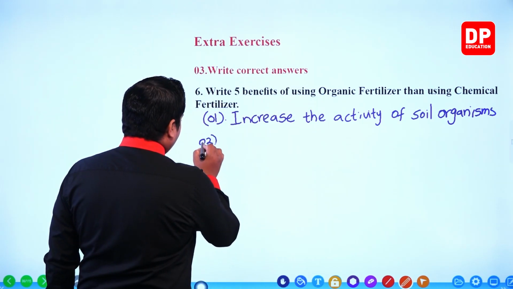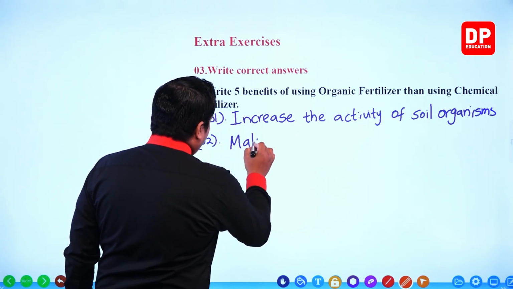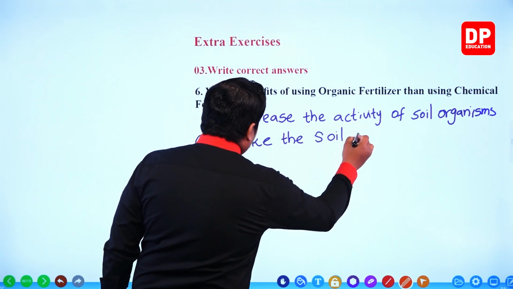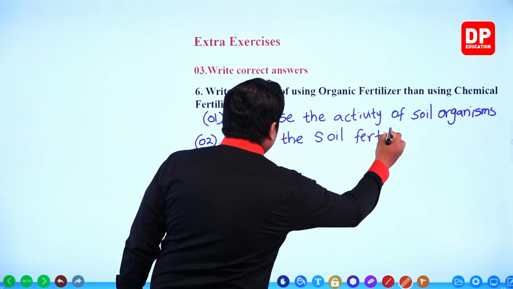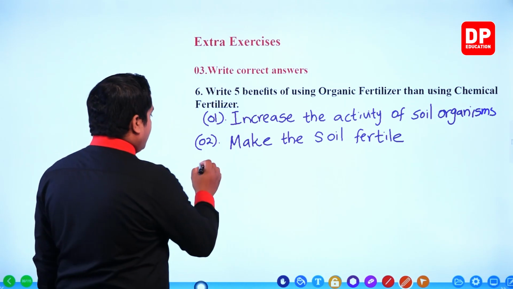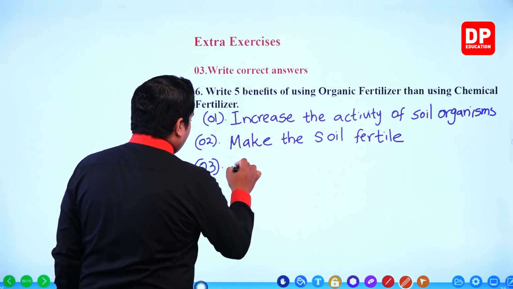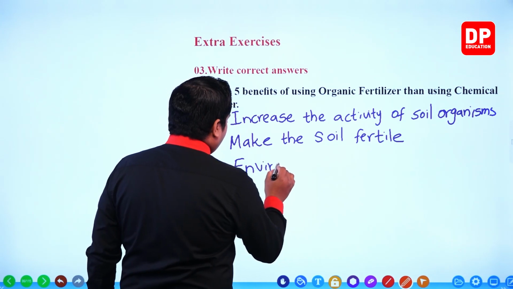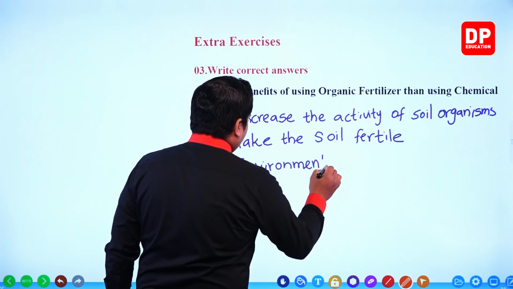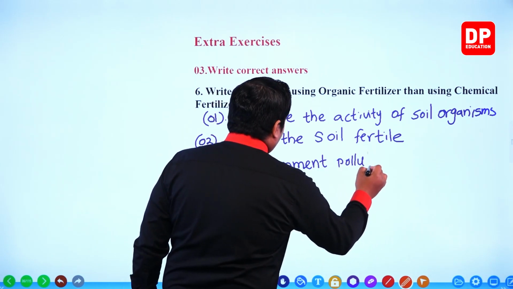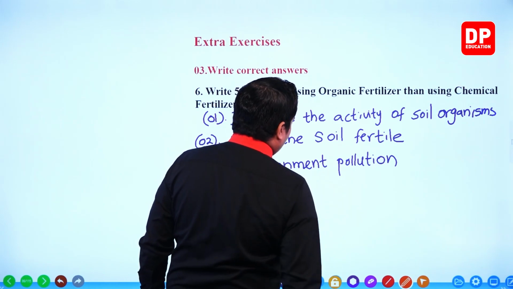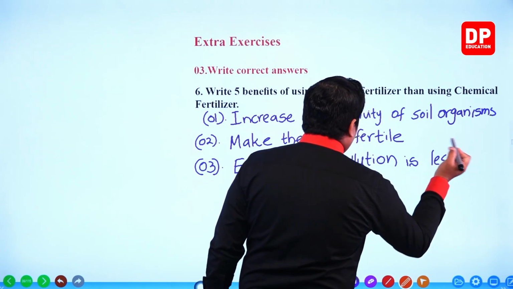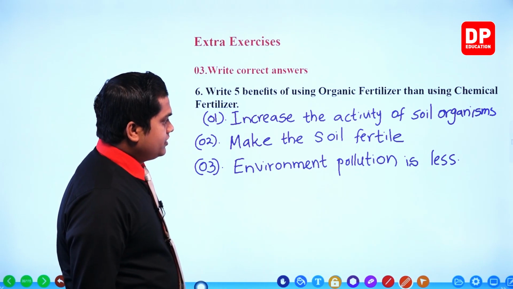Number 2, make the soil fertile. Number 3, environment pollution is less. Right? Environment pollution is less.